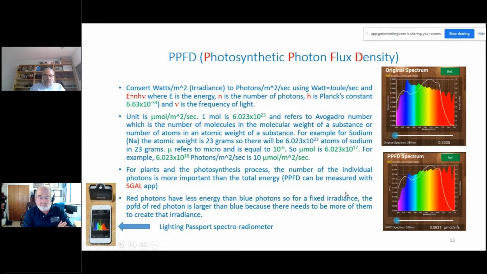And that's because the red photons have less energy than the blue photons. So in order to make up, for example, for 1 watts per meter square, you need more of the red photon than blue photons. So this will give a higher weight to the red than the blue. So when you convert to PPFD, the curve value would go up on the red side and go down on the blue side.